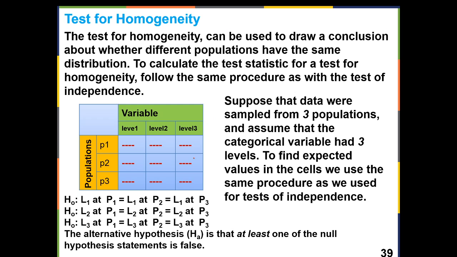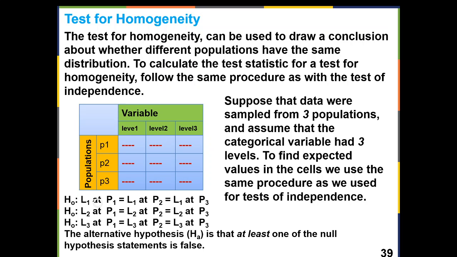So the way it works is we write the null hypothesis as, so basically these are different levels of the variable. A null hypothesis says that these levels are basically the same for the three populations, or whatever number of populations we have here. So for example, here it says L1 at P1 is the same as L1 at P2, the same as L1 at P3.